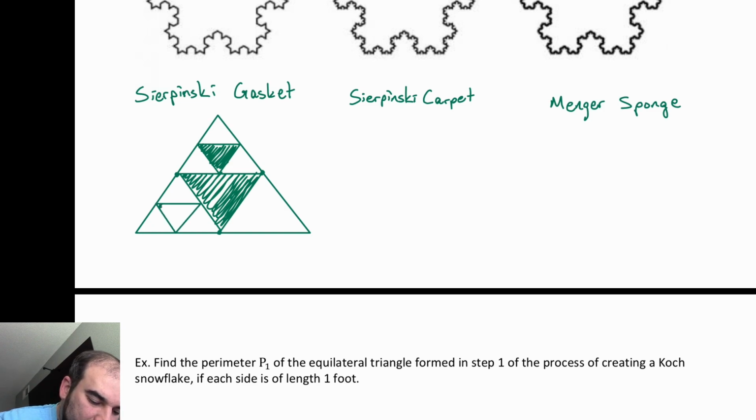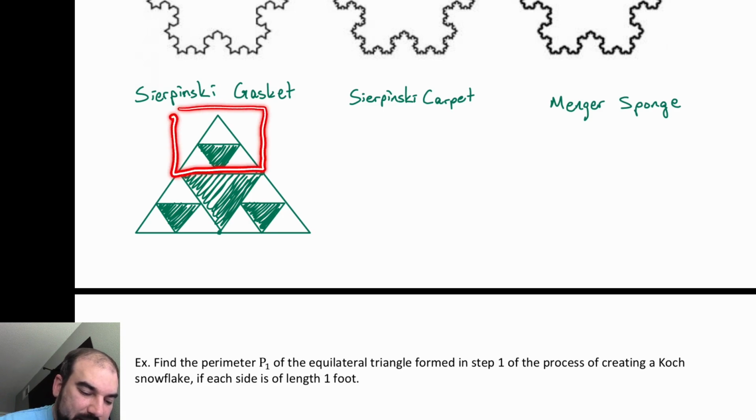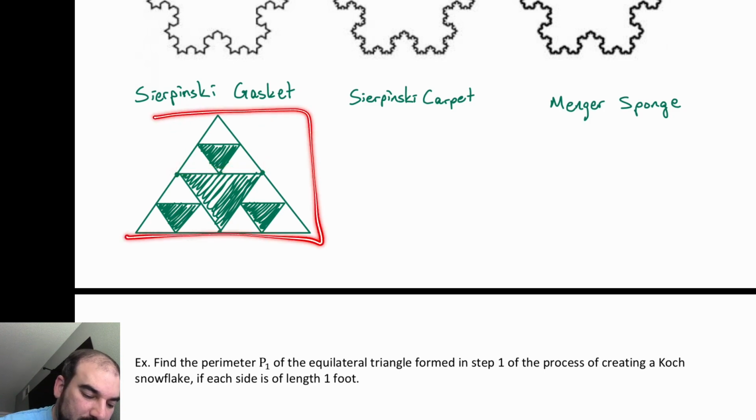Right, so fractals are formed by repetitive processes like this, where we do the same thing over and over again. And if we ever zoomed into a picture of a fractal, so for example, if I zoomed into here, we would see exactly the same thing as if I were looking at the whole picture.